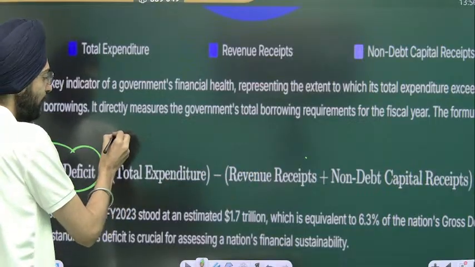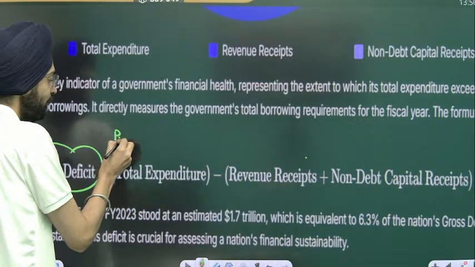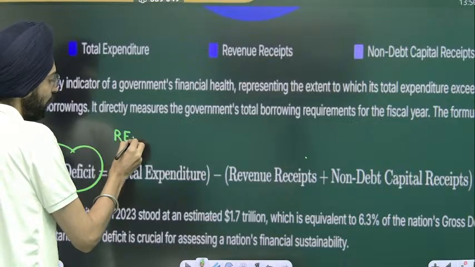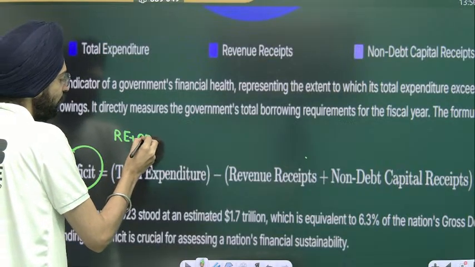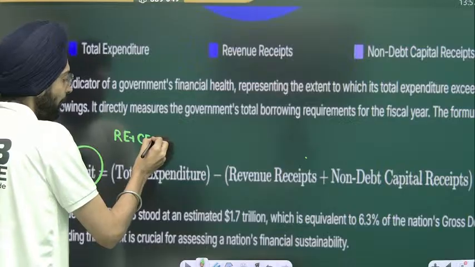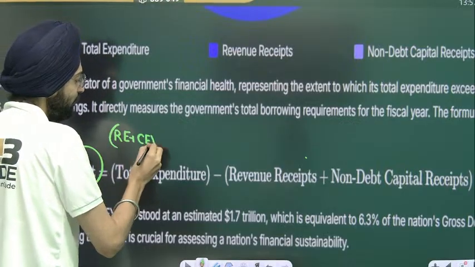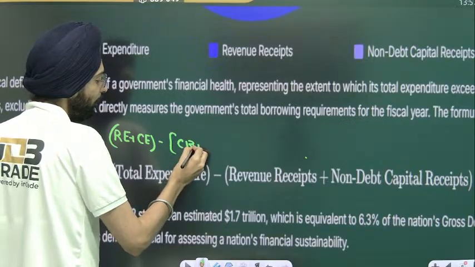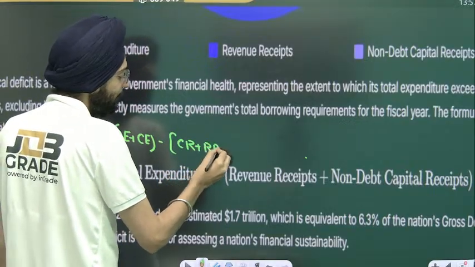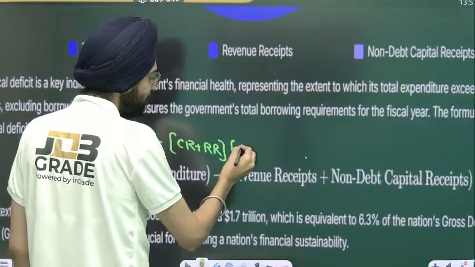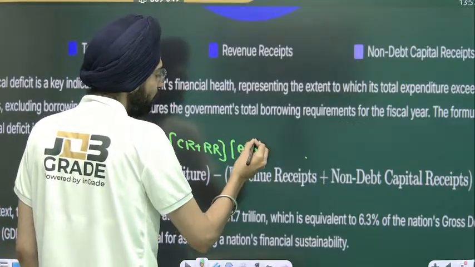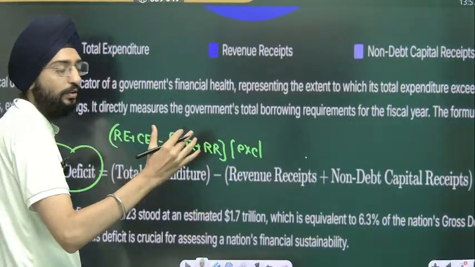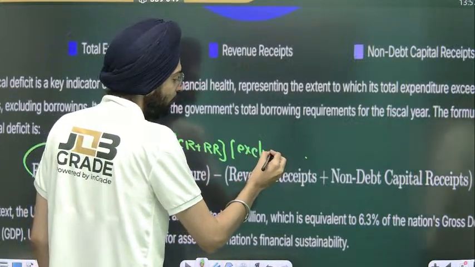For example, government expenditure is nothing but revenue expenditure plus capital expenditure, minus total receipts. Total receipts is capital receipts plus revenue receipts, but excluding borrowings. So don't include borrowings, otherwise the net result will be zero. Excluding borrowings.